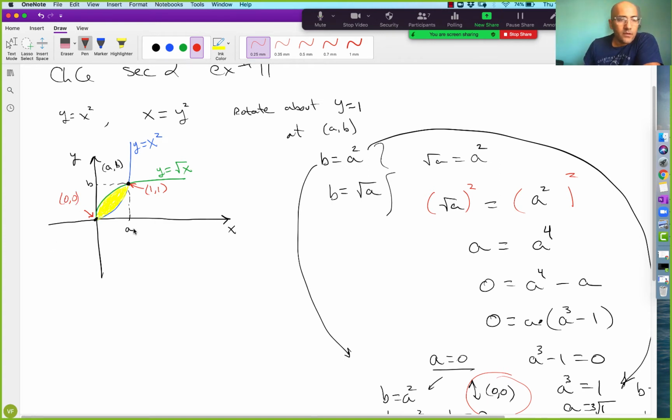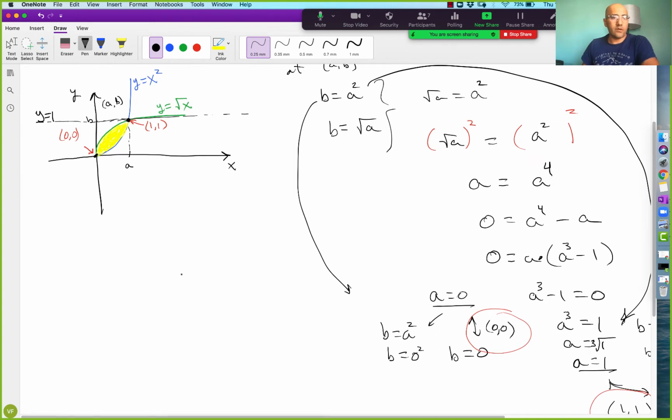And then of course we're going to have the line y equals 1 going right across here. So we're going to have the line like that of y equals 1, and we're going to rotate this yellow thing around that.